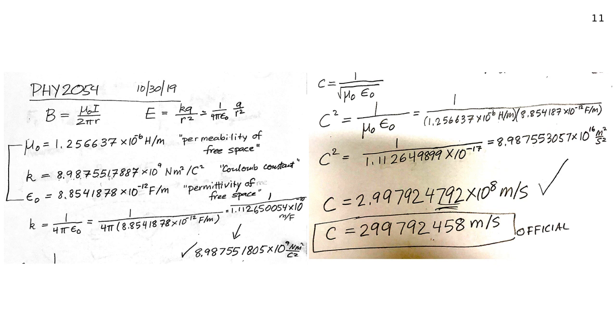Okay, so now I can put another equal sign here, and that comes out to 8.987553057 times 10 to the 16. And this is going to be meters squared per second squared. If you do the farads and henries and meters, that's what it comes out to.